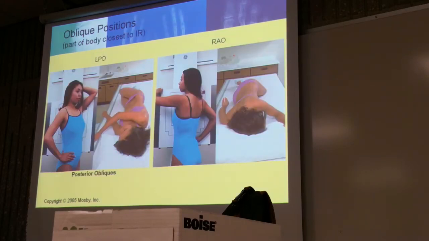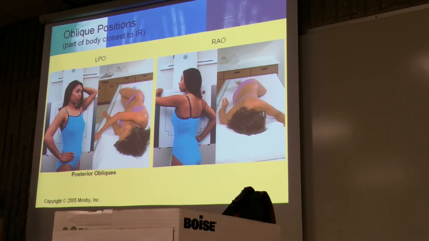Okay. Oblique positions. Here we have, on the left, what's known as a posterior oblique. The patient is oblique, and one of their posterior sides is going to be pressed up against the image receptor.